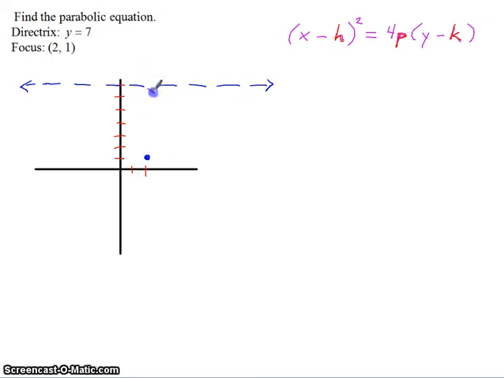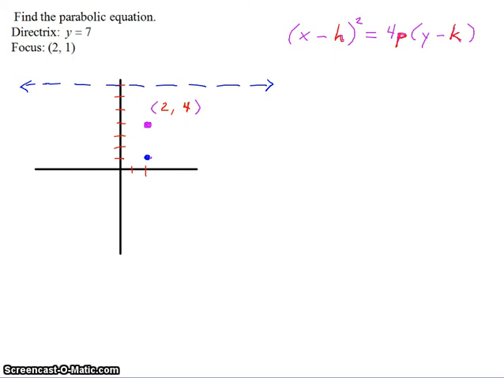I know that the distance from 7 to 1 is 6. So to find the vertex, I simply need to go up 3 from the focus point. So this is right where my vertex is located. And that means that I have a vertex at (2, 4).